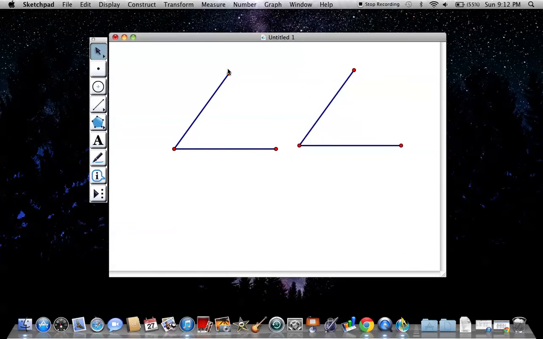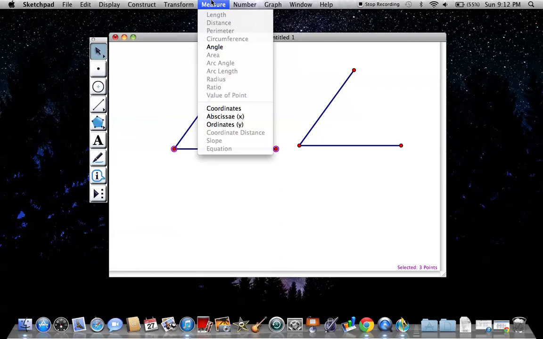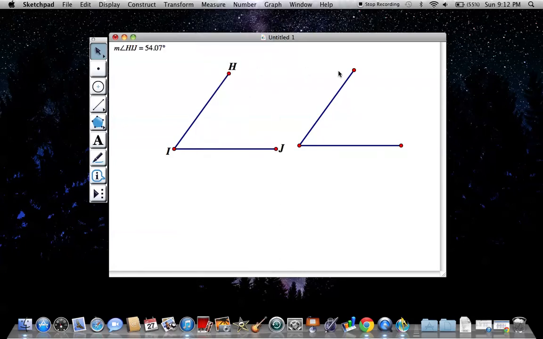So I have two angles here. Label the points. Let's measure this one, measure angle. They are both identical. Angle HIJ and angle KLM are congruent because they have the same measurement.